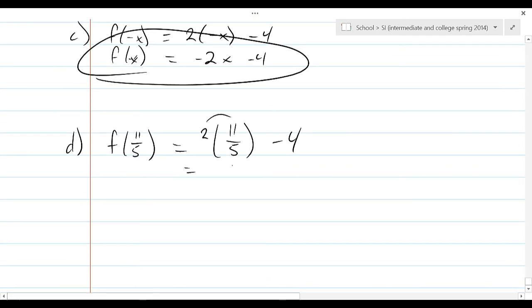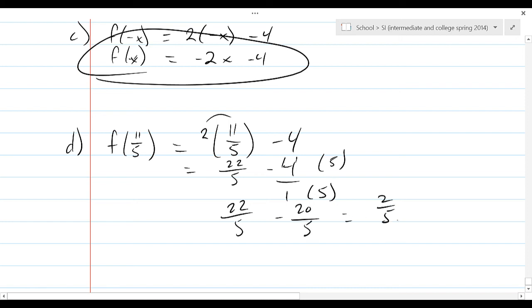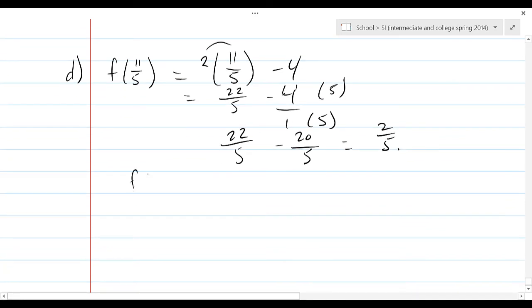So I've got 22 over 5 minus 4. Now I can get a common denominator because this is 4 over 1. So I'm going to go ahead and multiply both the top and the bottom by 5 to get a common denominator of 5. So I've got 22 over 5 minus 4 times 5 is 20, 20 over 5. And that's equal to 2 over 5. So the answer is f of 11 over 5 equals 2 over 5.